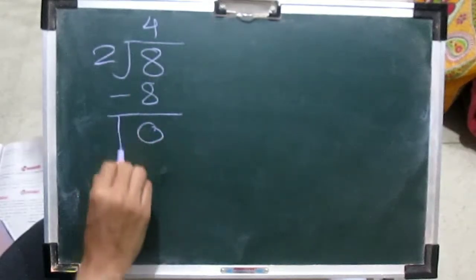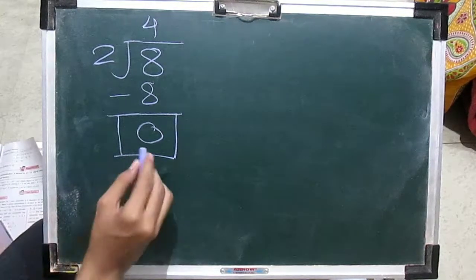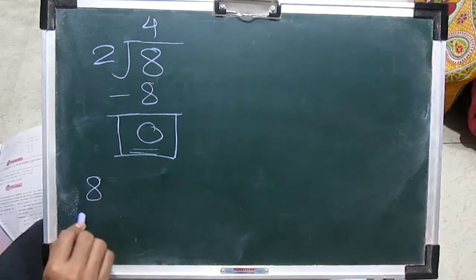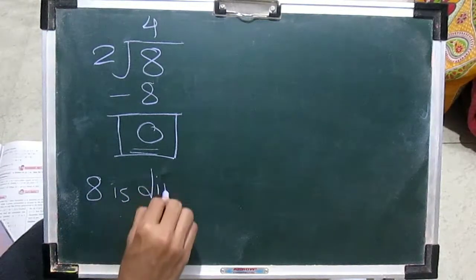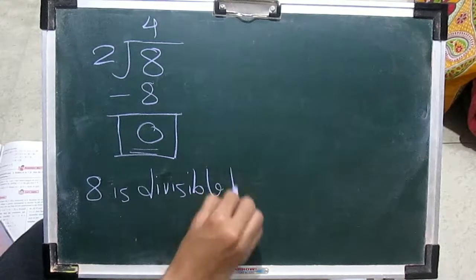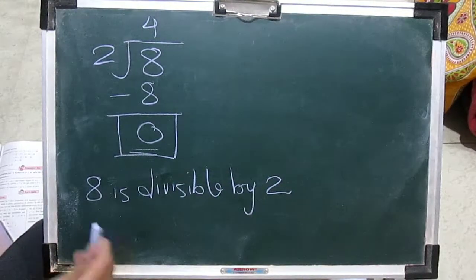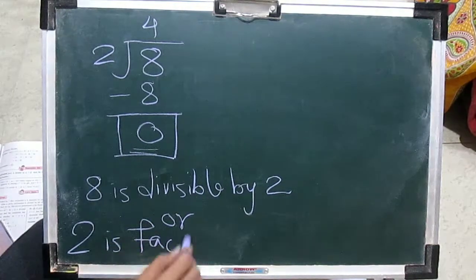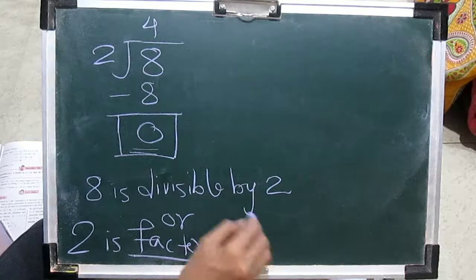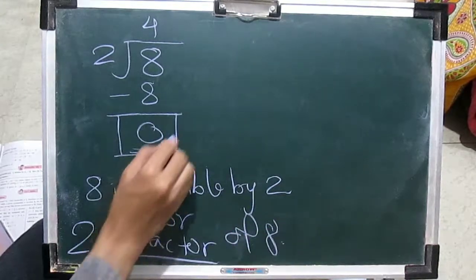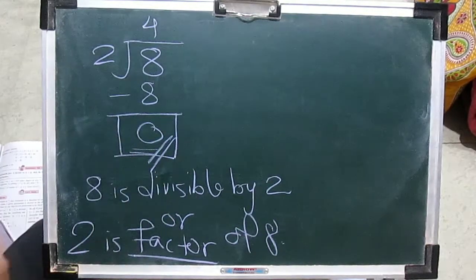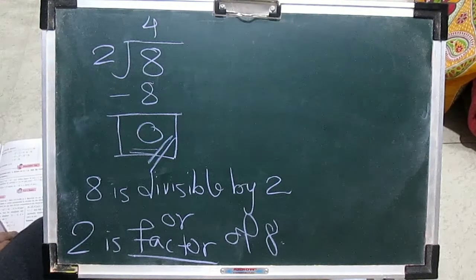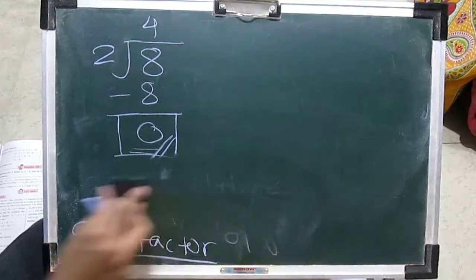Whenever the remainder is 0, you say that 8 is divisible by 2, or I can say that 2 is a factor of 8. Whenever the remainder is 0, we say that the divisor is a factor of that number. The same concept we can apply in polynomials also.